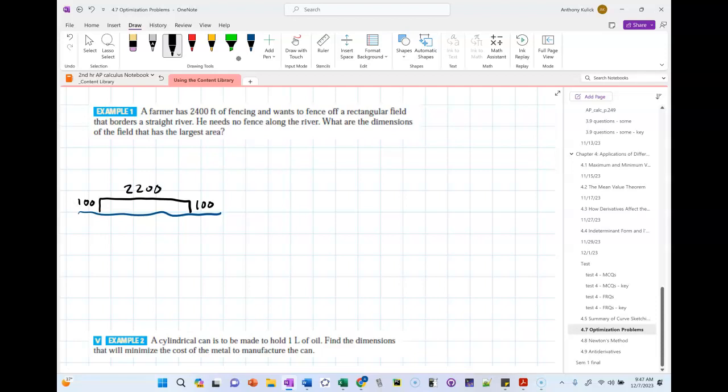Or you could do something like 700 and 700 and 1,000. There's lots of different shapes you could go. You're trying to find the one that contains the most area. So what are we noticing about the dimensions here when we draw these rectangular fields?